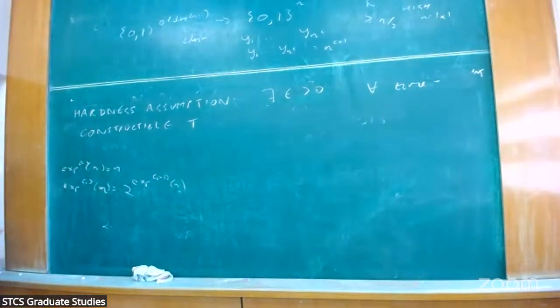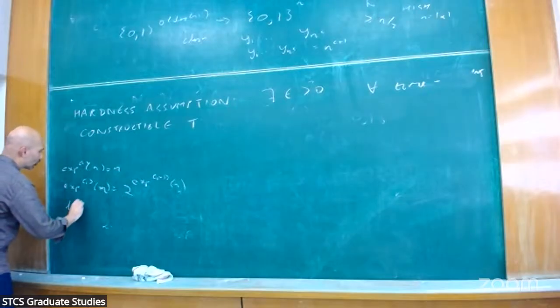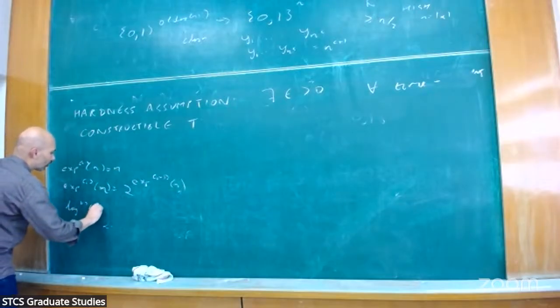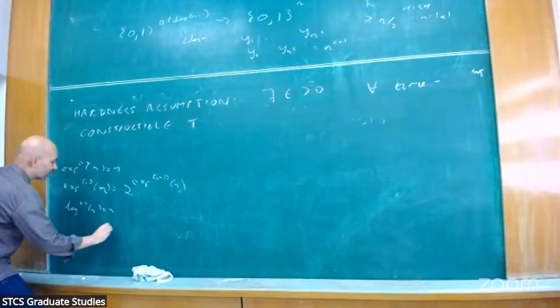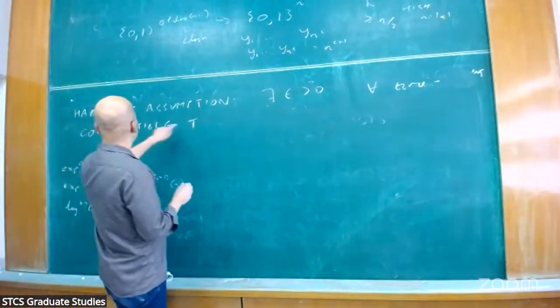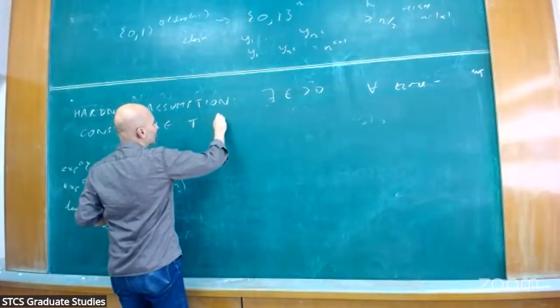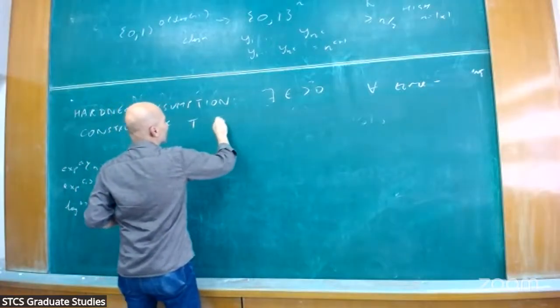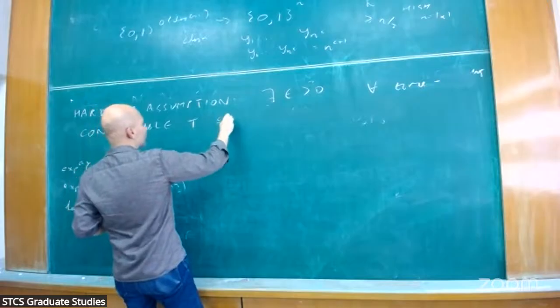So it's just a tower of exponentials, and similarly you can do the iterated logarithms. So if you have a time bound that's at most an iterated exponential.